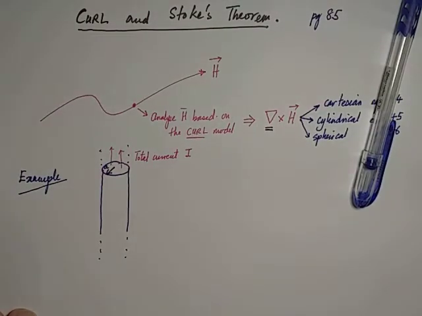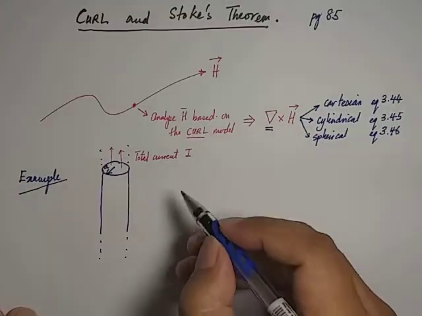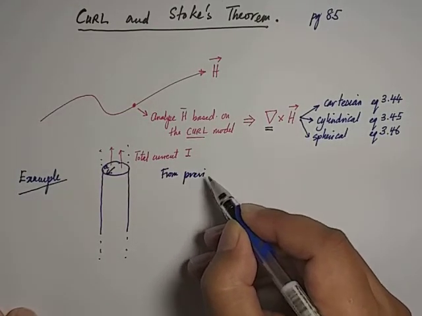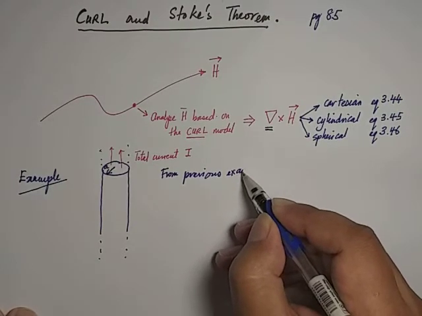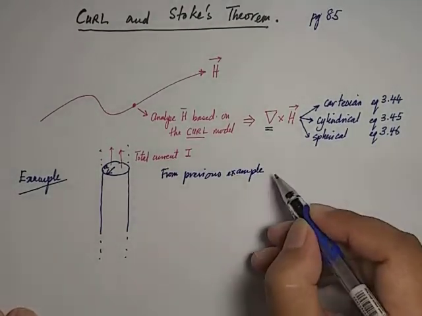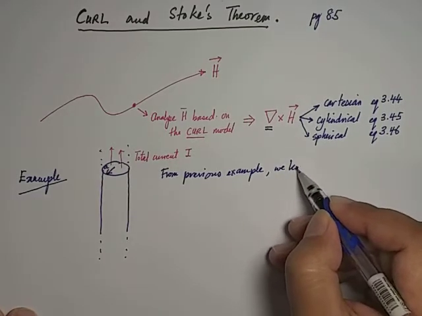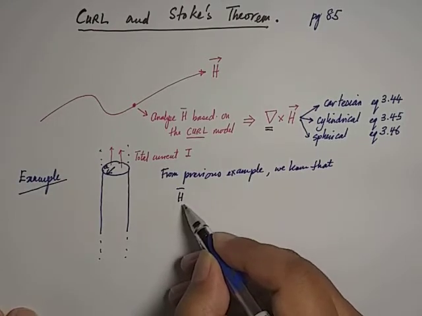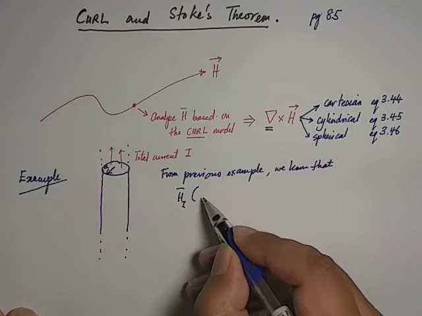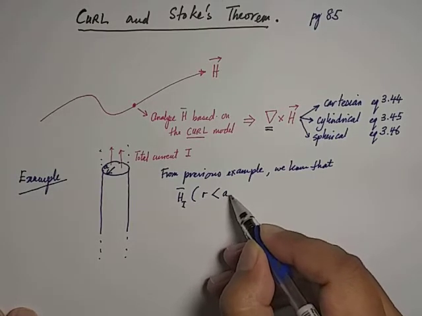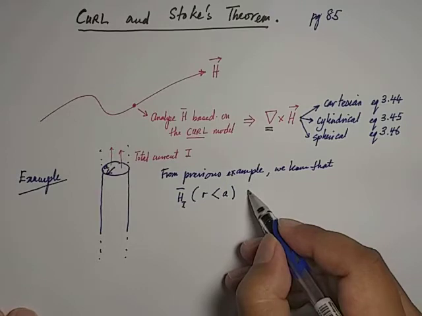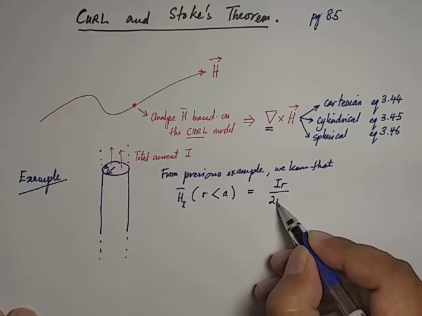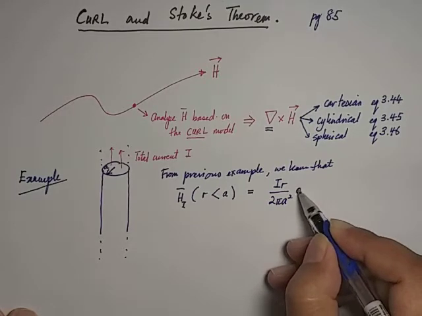Okay, and from previous examples, we know that H1, where H1 indicates r smaller than a, in the region r smaller than a, the field H equals I r over 2 pi a squared in the phi direction.